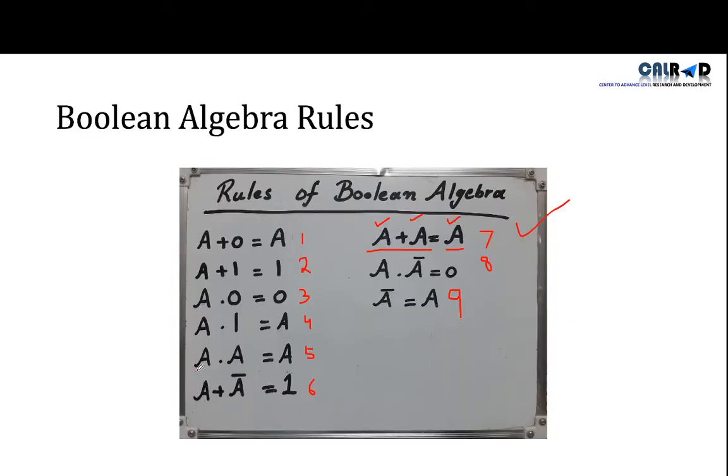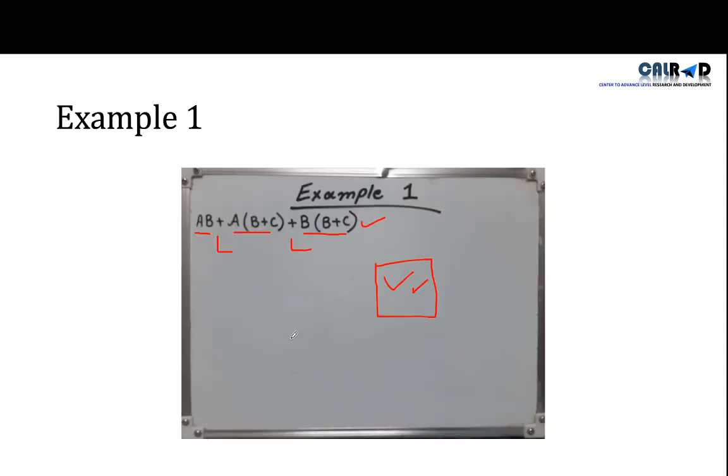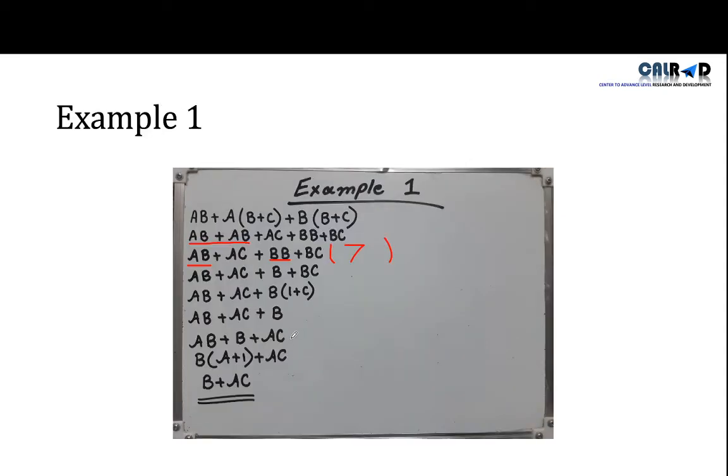So here you can also see A into A. If the input A is in product or multiplication with A, the output will be simply A. So A into A is equal to A. So what will be B into B? B into B will be B. So here which law is applied?